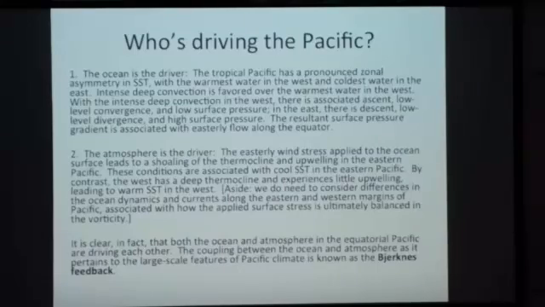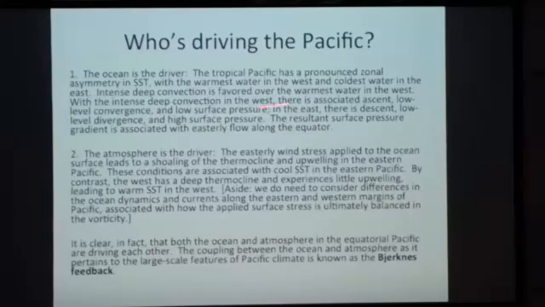Thinking about convection from the parcel view, you have lots of air masses rising up in the atmosphere, related to low-level convergence of the horizontal flow and relatively low surface pressure. In contrast, in the east, where we have descent, thinking about the normal state of the Pacific, there is low-level divergence and high surface pressure.